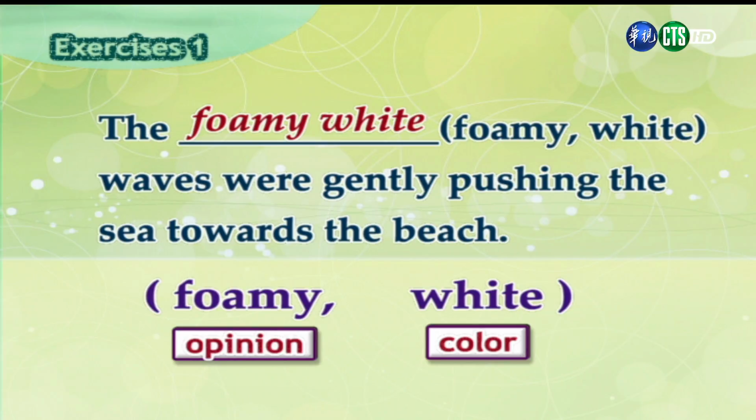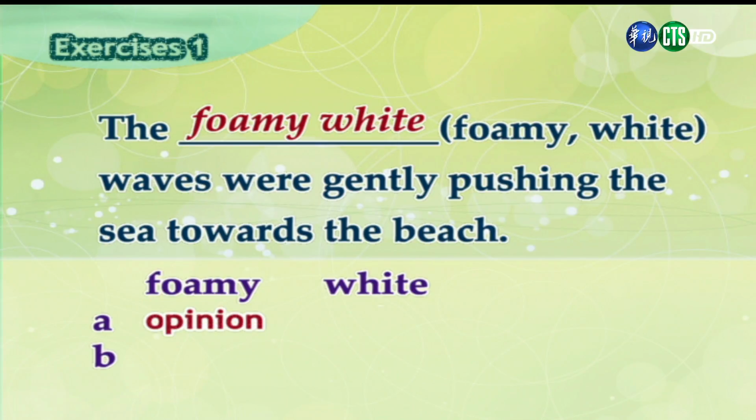And so then we can write foamy white into our blank space. 所以这个时候我们可以写又密又白的。Now, actually, this sentence is kind of complicated because it can go either way.